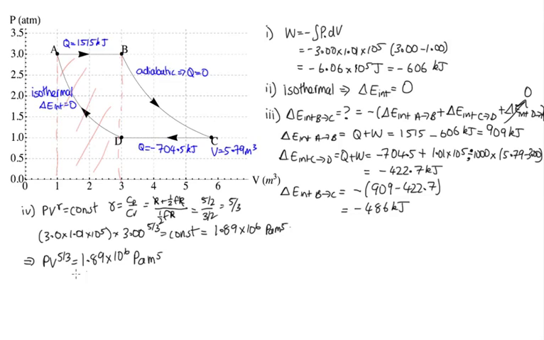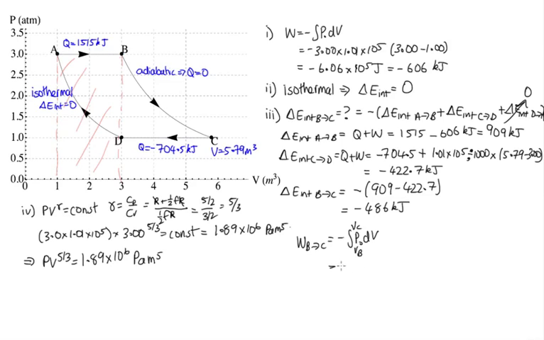So the work from B to C is equal to minus the integral of P dot dV, and that's going from VB to VC, and P here is equal to this divided by V to the 5 on 3.